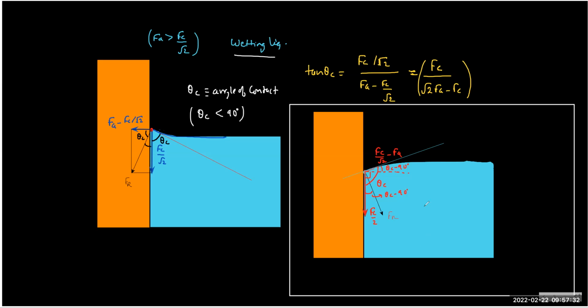So if you try to write the value of tan theta c minus 90, you can see clearly that is FC. This is exactly FC by root 2 minus FA upon FC by root 2.